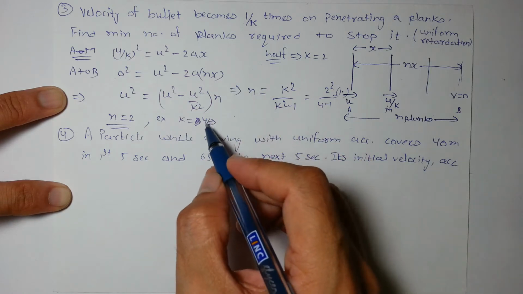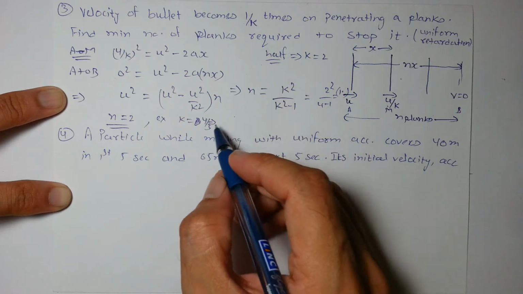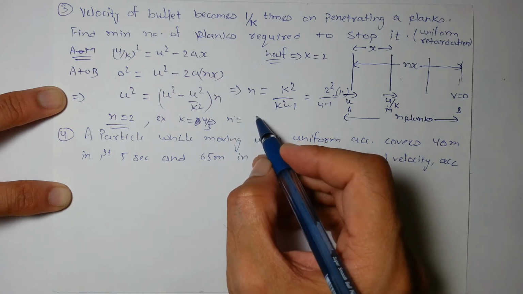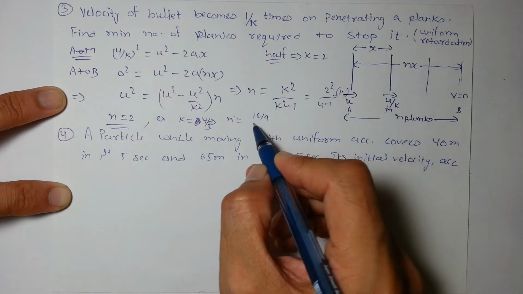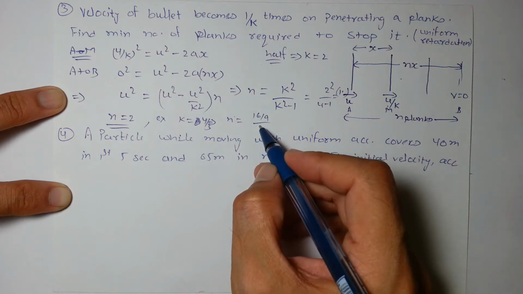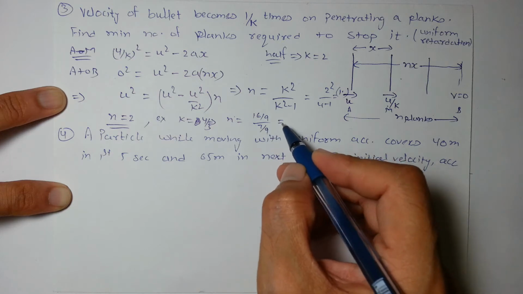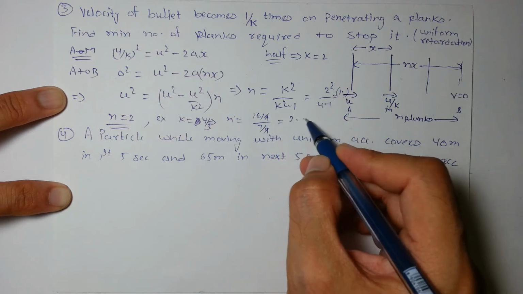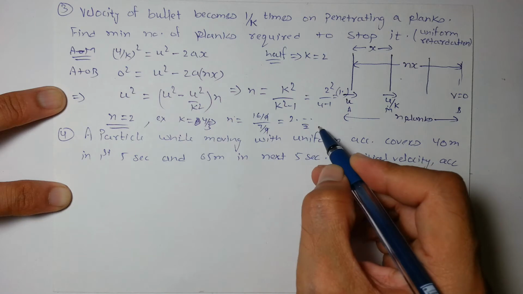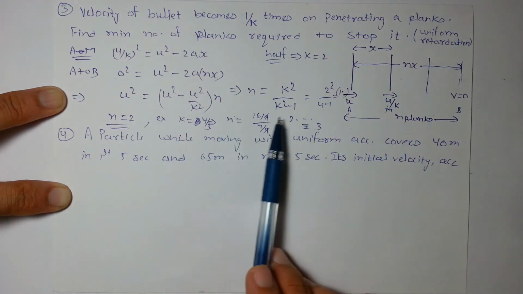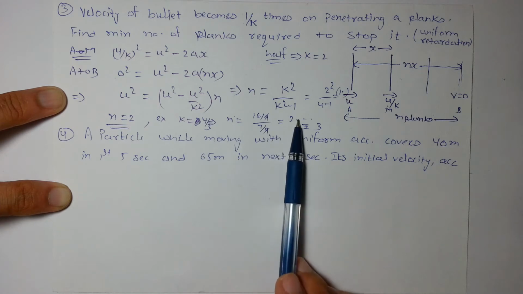Okay, velocity becomes 3 by 4 times, means k is 4 by 3, and n will be 4 by 3 whole square, 16 by 9, and 16 by 9 minus 1 is 7 by 9. So we get 2 point something. 2 point something means n will be 3.